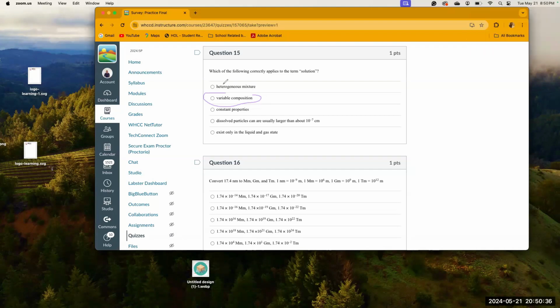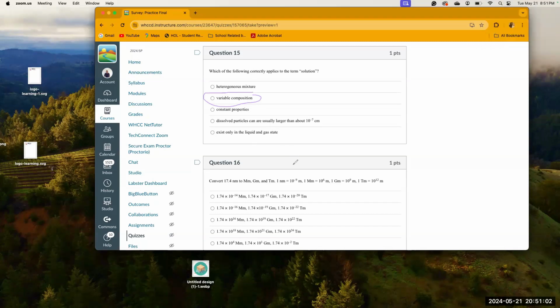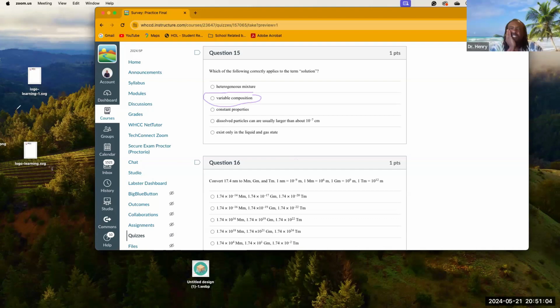But if I put vodka and water together and mix it, you can't see the difference between them, right? But they both vary in their composition of what's there. So that would be the best. This is a kind of crappy question.